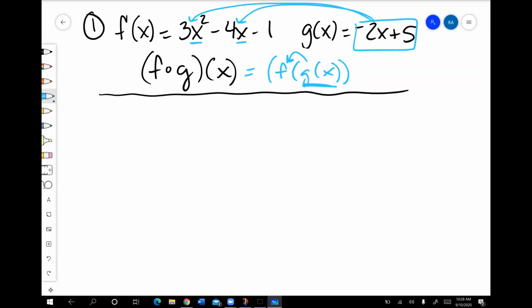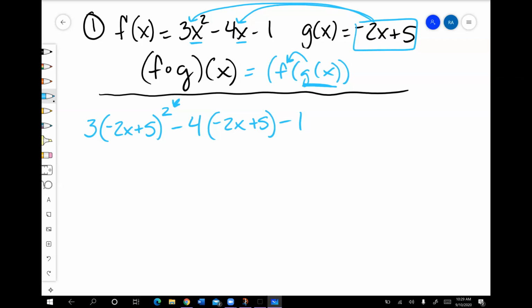That is what I'm going to do. So let's do it. So we're going to say 3. When we get to an x, you're going to replace it with g, which is negative 2x plus 5. Don't forget the squared. Minus 4, I came to another x, so let's replace it with the g function, substitute, and then minus 1, okay? The biggest mistake you're going to make is right here with the squared, okay?